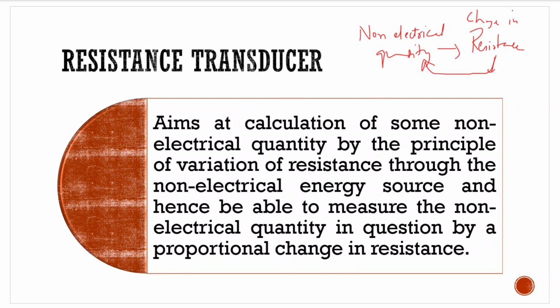Say, for example, we are applying force to some body, the resistance of that particular conductor may change. So, as per the variation in the resistance of that device, we can say what proportional amount of force was applied to this system.